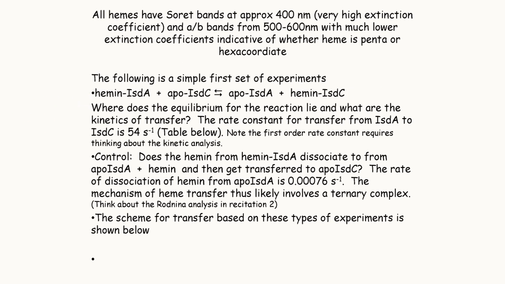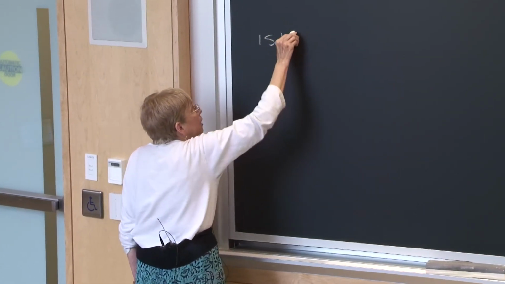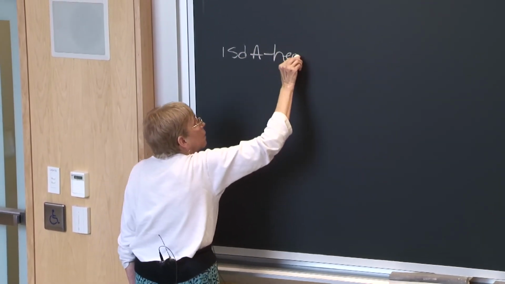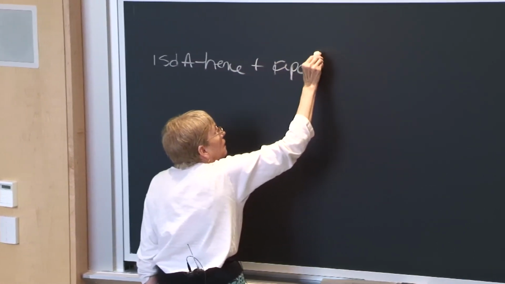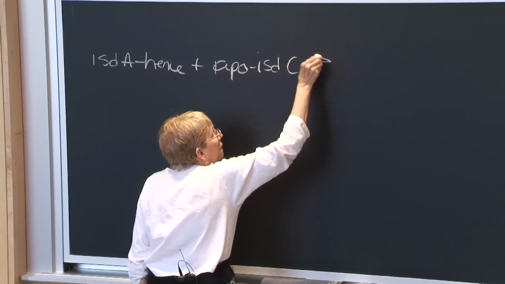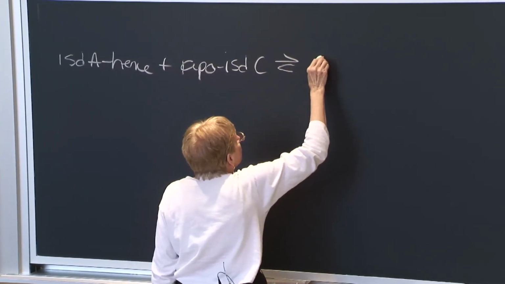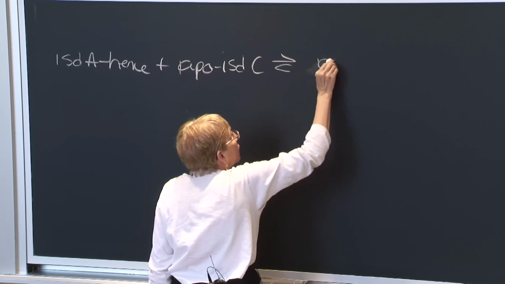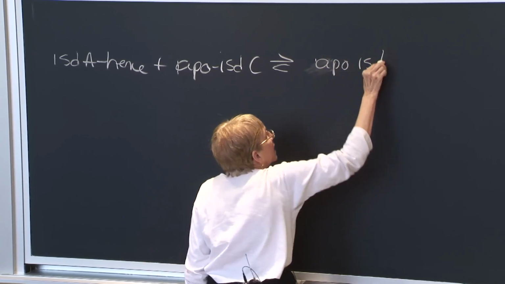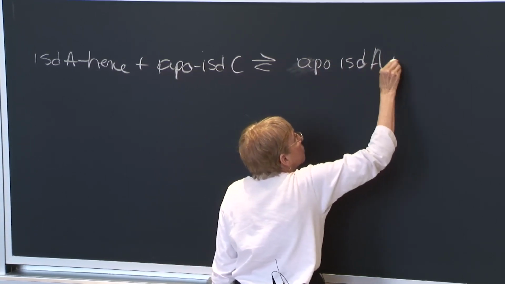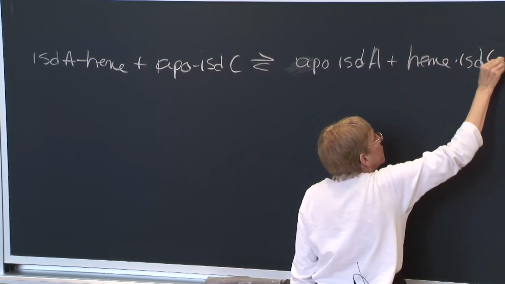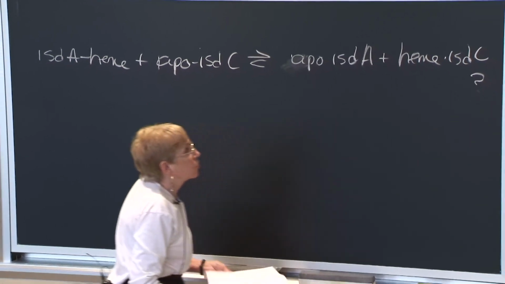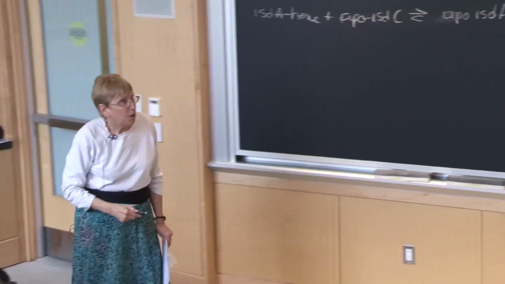The question they're focused on here is: does ISD-A with heme plus apo ISD-C transfer the heme to give you apo ISD-A plus heme ISD-C? And the question is, what's the mechanism of this transfer?